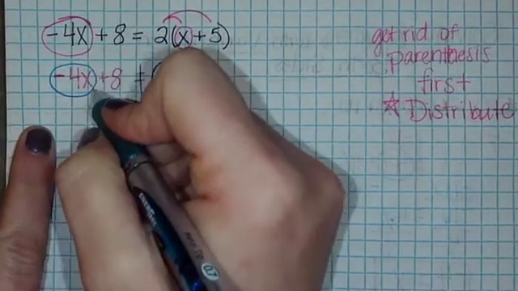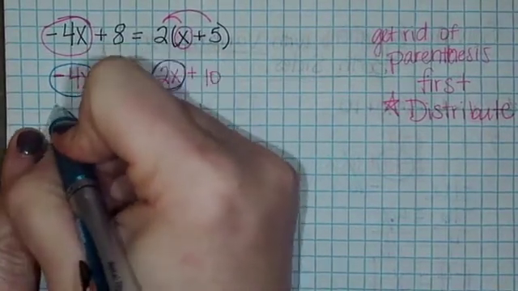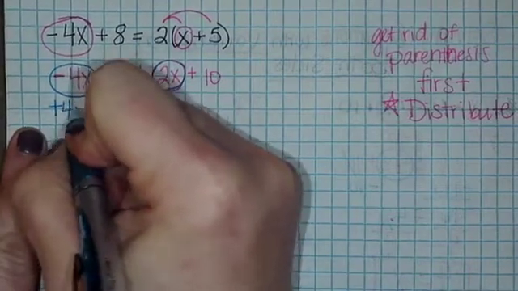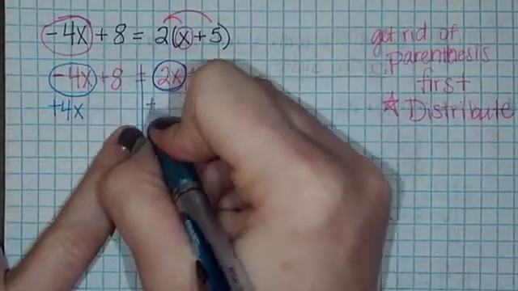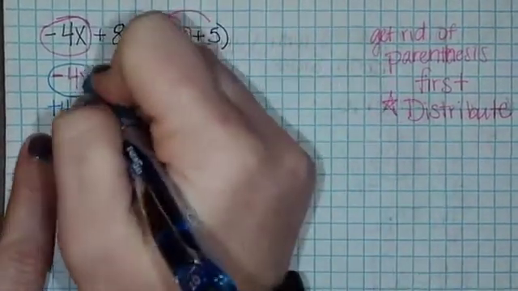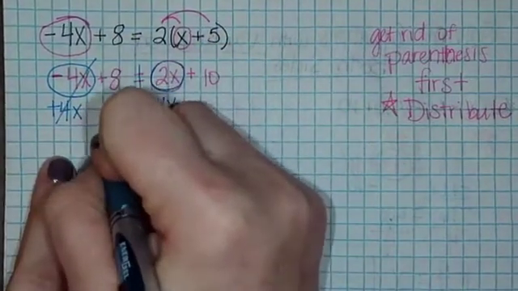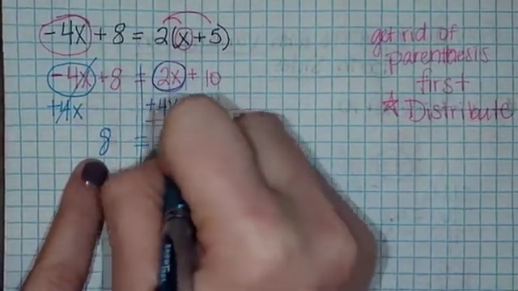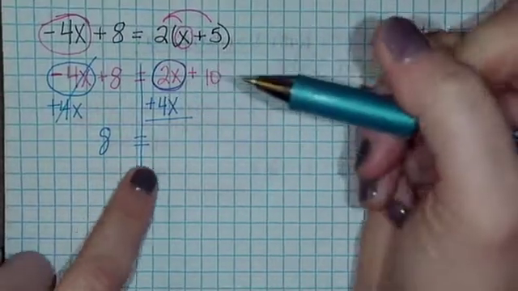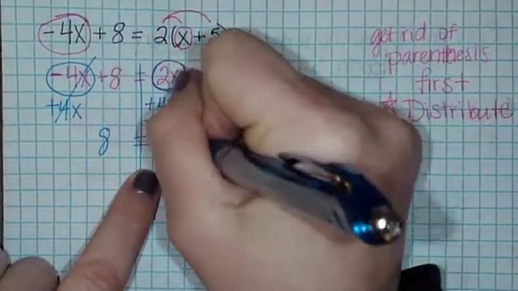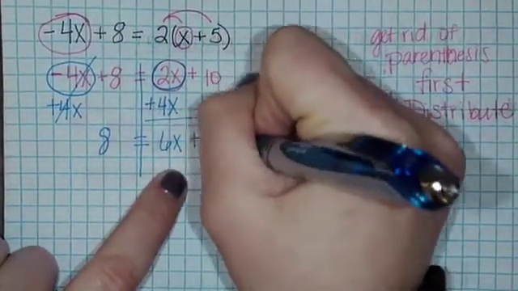I like to get rid of the negative, so instead of subtract 4x, I'm going to add 4x because it's moving to the opposite side. So then you have 8 equals, if I have 2 apples and you give me 4 more apples, I now have 6 apples plus 10.